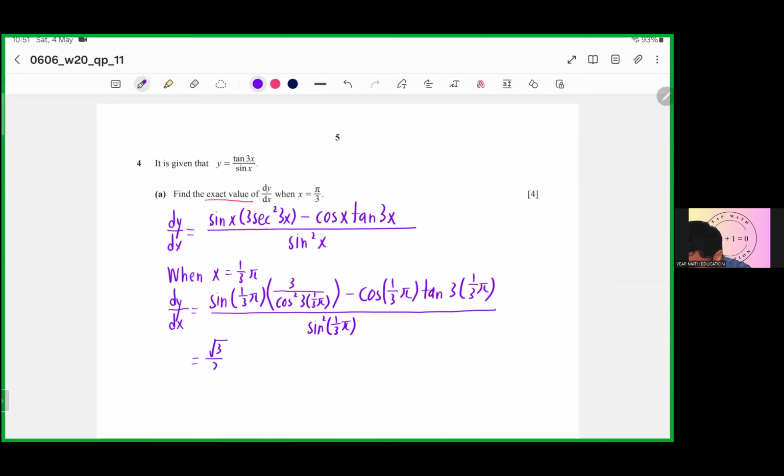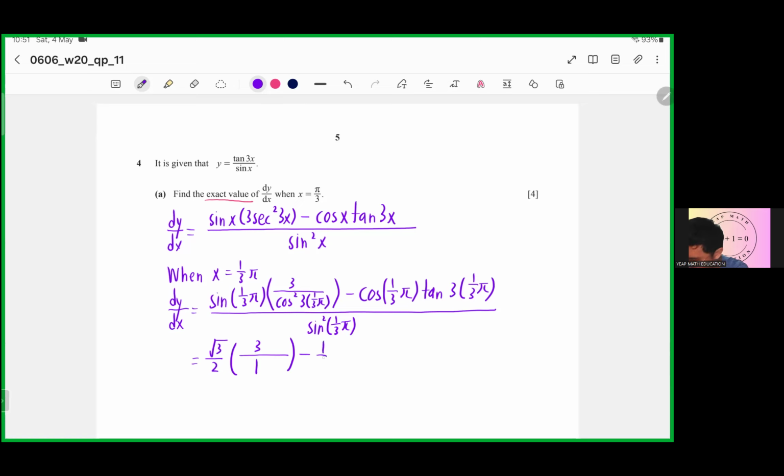3, 2, and then 3 over 1, and then minus 16.